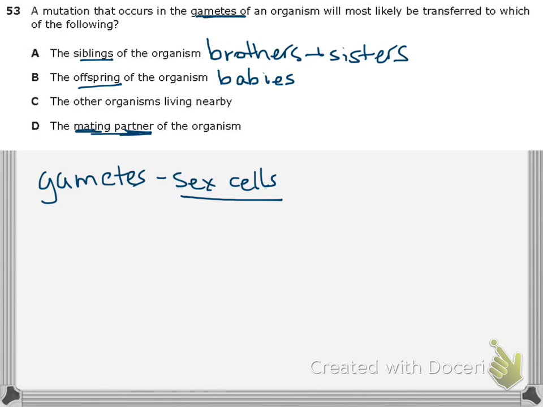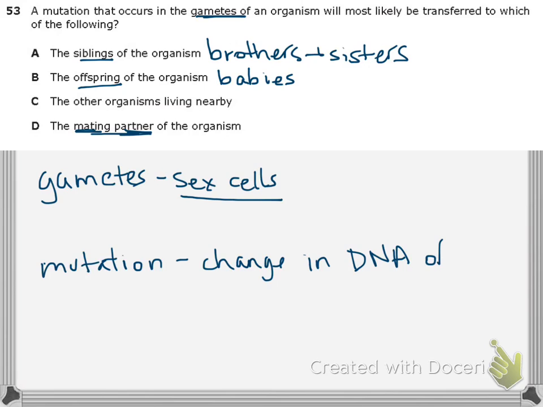And because this is not a disease that we're talking about here, a mutation is, let me put this down here as well, a mutation is a change in the DNA of a cell.